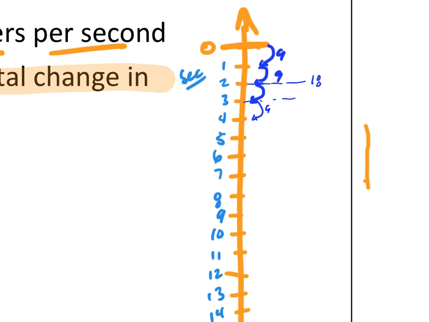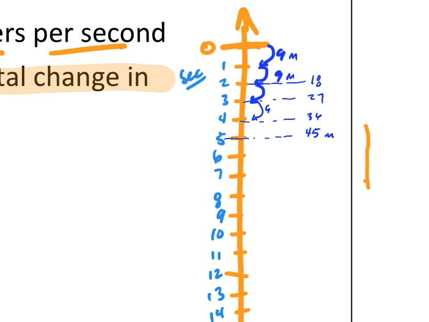At 3 seconds, I've dropped 27 meters. At 4 seconds, I've dropped 36 meters. At 5 seconds, I've dropped 45 meters, right? So these are all how far I've dropped in elevation.